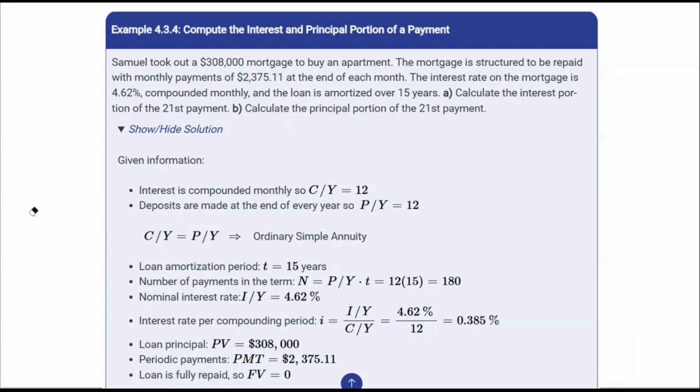All right, what do we do here? Get all the information together. That's what we see here. You're going to pay every month, so the compounding frequency is going to be 12. The deposits are made at the end of the year, is that what it said?